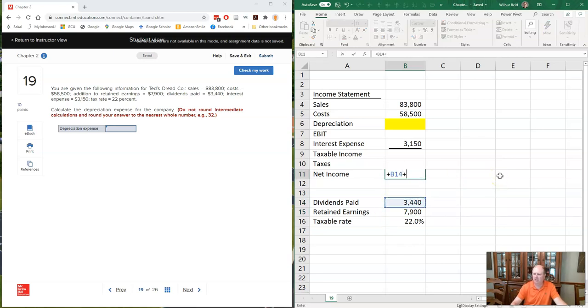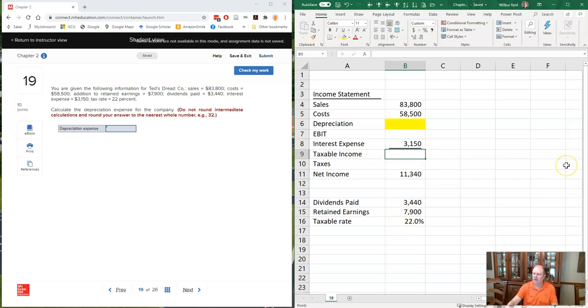I'm just going to put the formula in there to say that plus that. So we've got net income of $11,340. And then we want to know what's our taxable income. I'm just going to go up the spreadsheet backwards here, because that's the information I've got. If I know my net income, then I know that I pay 22% taxes on my taxable income.